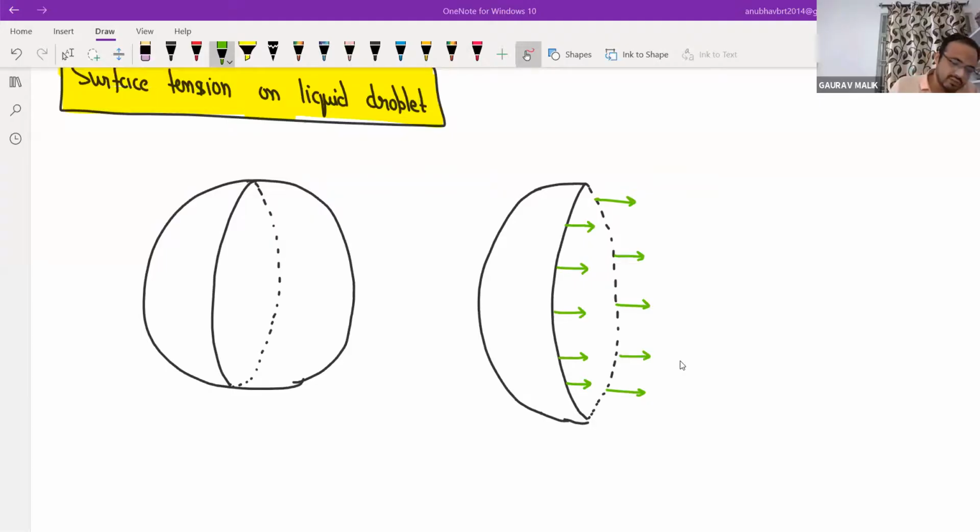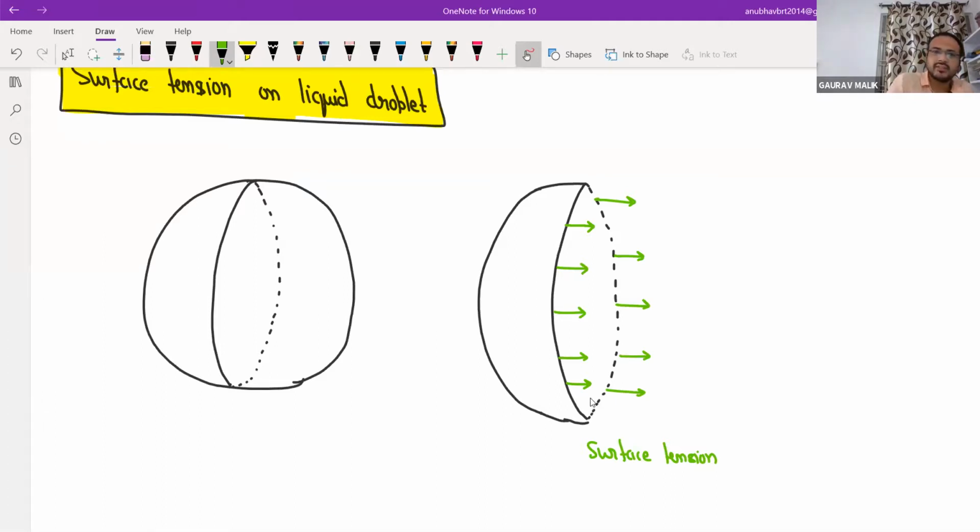Note, this is not the pressure force. That is this side, it means it is the surface tension force. If you will be confused in such things, then how is it possible here? It is the surface tension force. Is it clear?